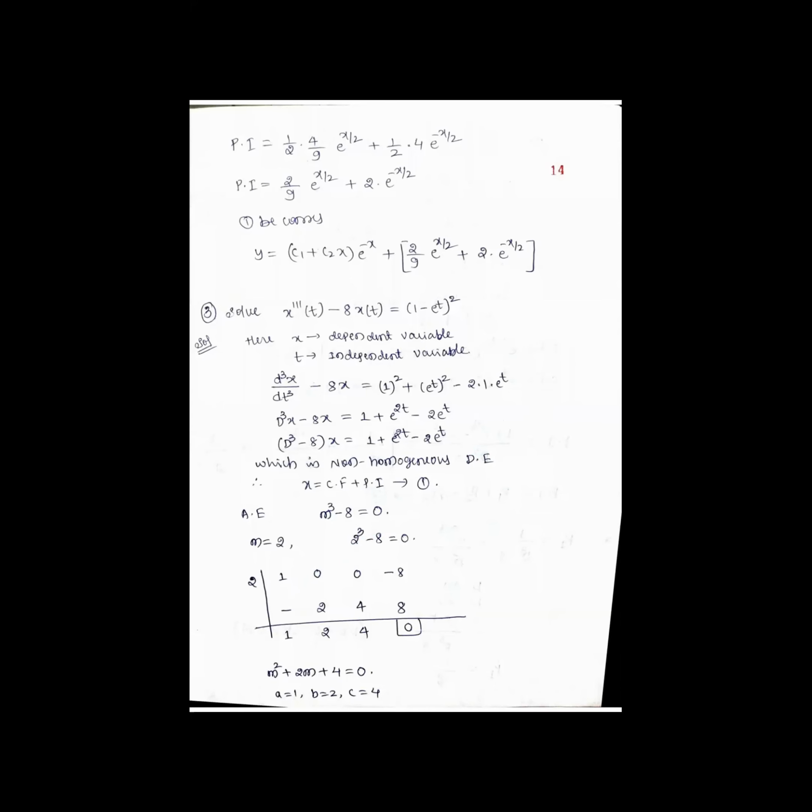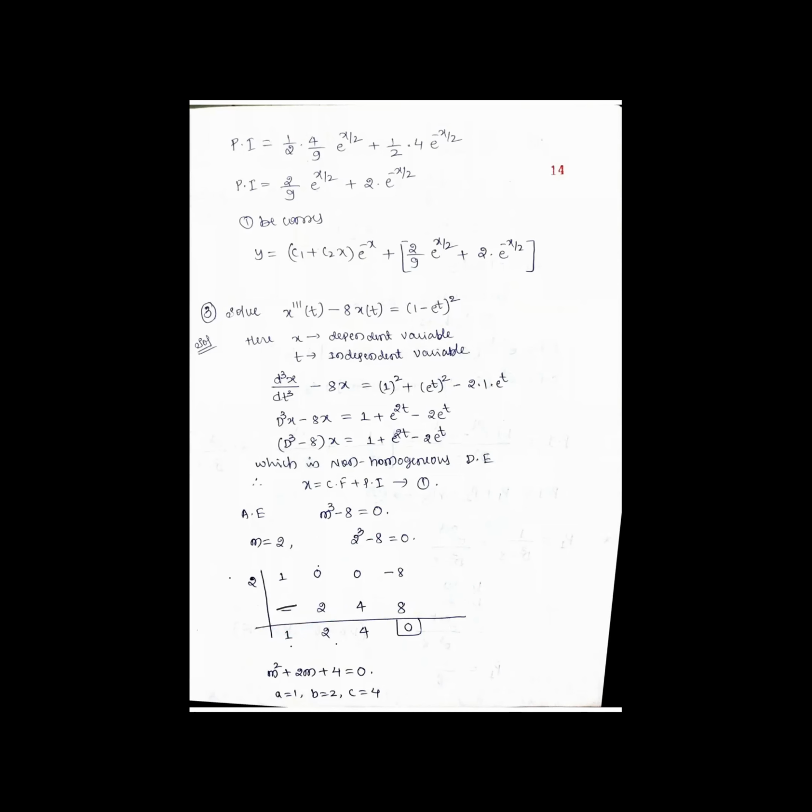So 1, don't write anything below, as usual, keep the blank space. 1 plus 0 will be 1. 1 into 2 is 2. 0 plus 2 is 2. 2 into 2 is 4. 0 plus 4 is 4. 4 into 2 is 8. Minus 8 plus 8 will be 0.